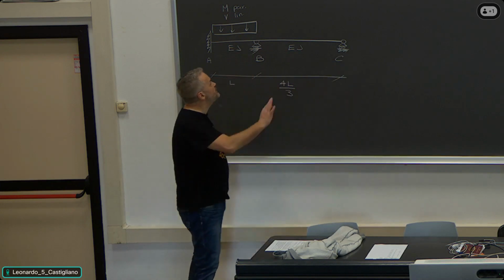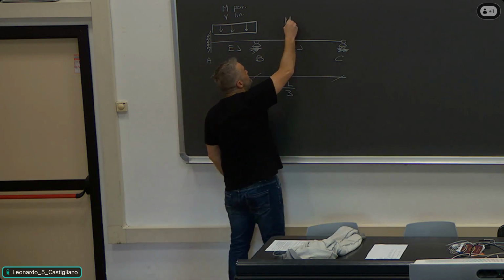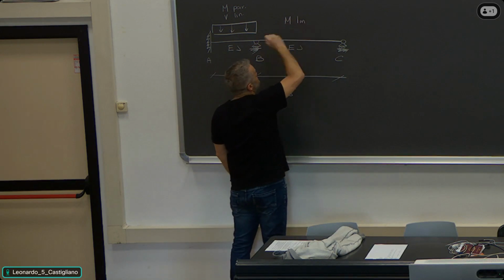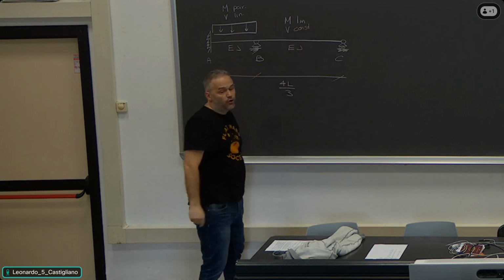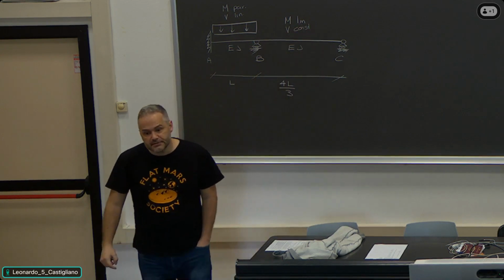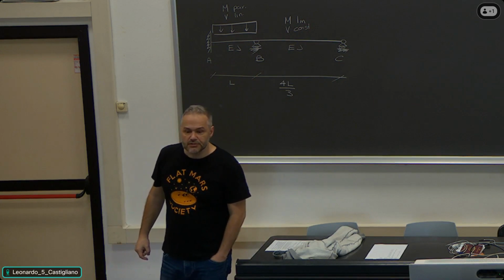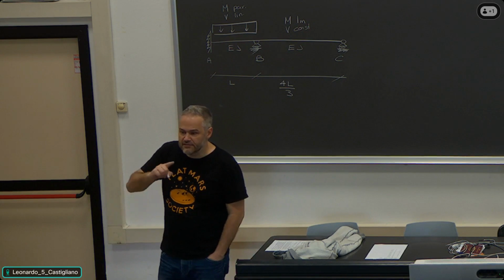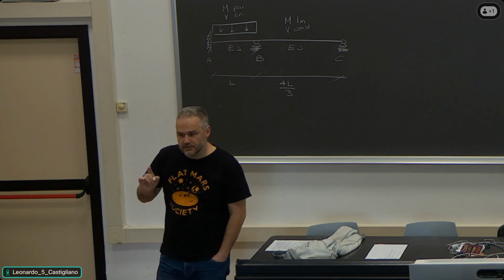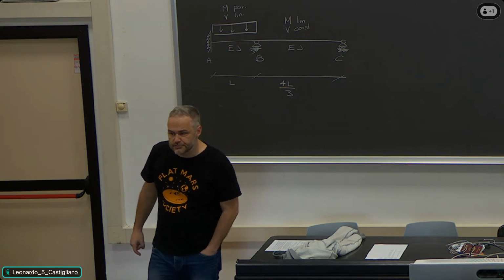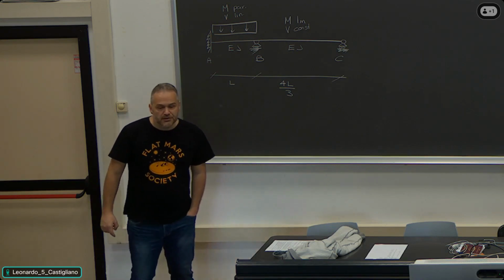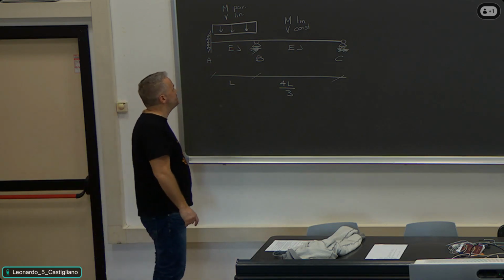So if it's unloaded, what I should expect is a linear bending moment and a constant shear force. Constant also includes, and this may happen, 0 shear force if the bending moment is constant. That I cannot tell in advance. It may happen under certain conditions, not usually in beams, in other types of elements.